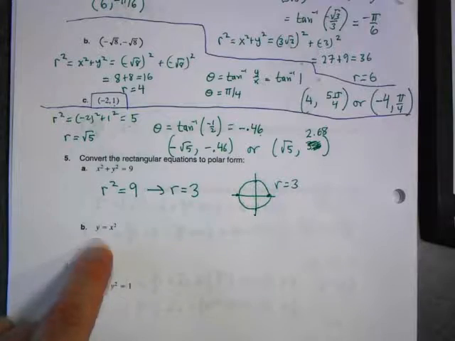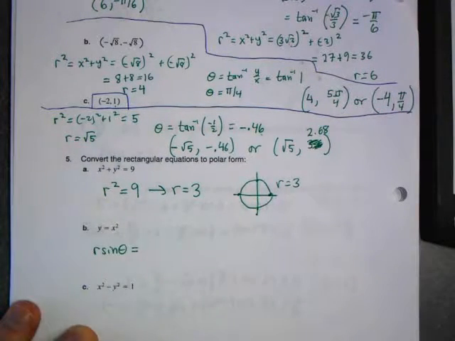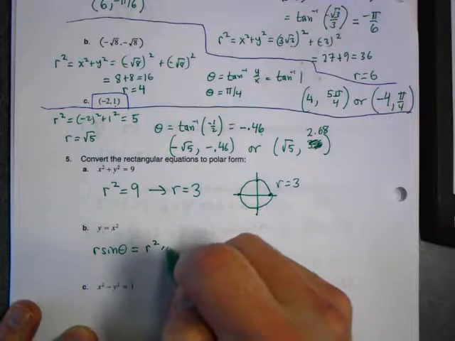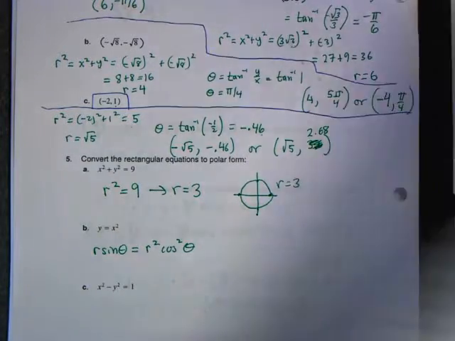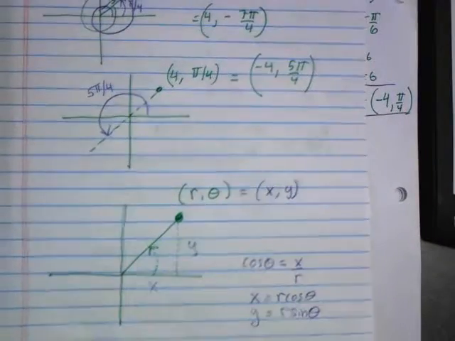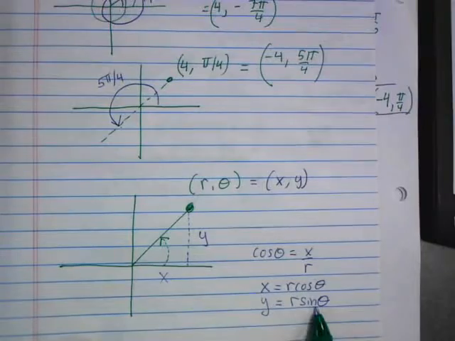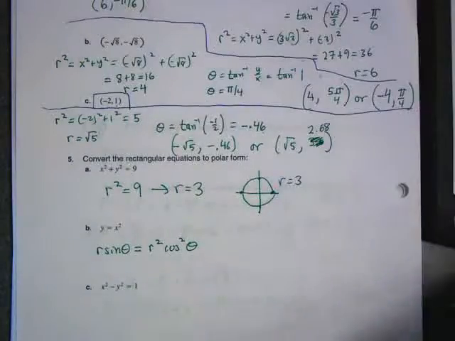I'm going to write r sine theta equals the other one, r squared cosine squared theta. Remember what we did before? We looked at this picture and we learned that x was always r cosine theta, y was always r sine theta. So I just squared both things.